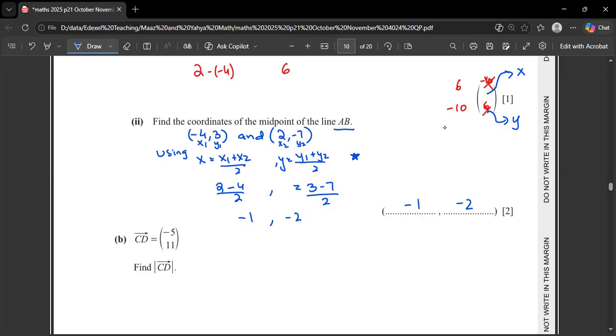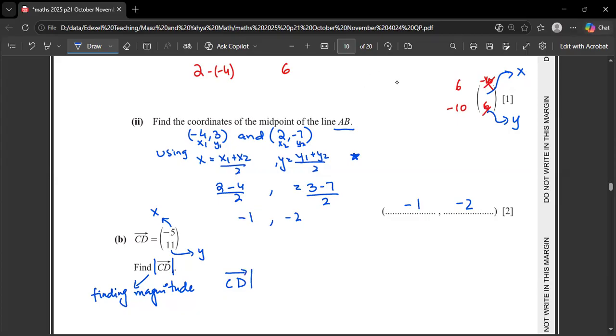Now we have the vector. We know that this is the value of x, this is the value of y. And this modulus means that we have to find the magnitude, okay? So how will you find the magnitude?